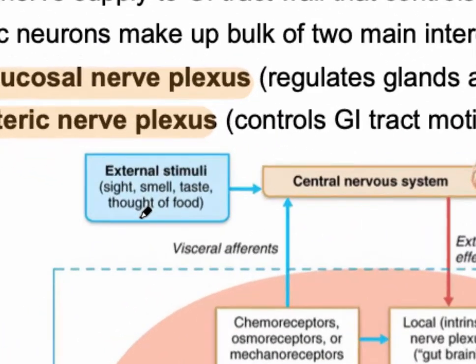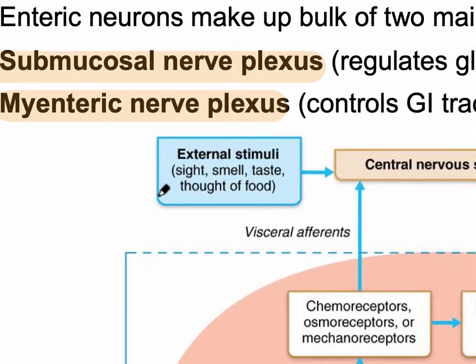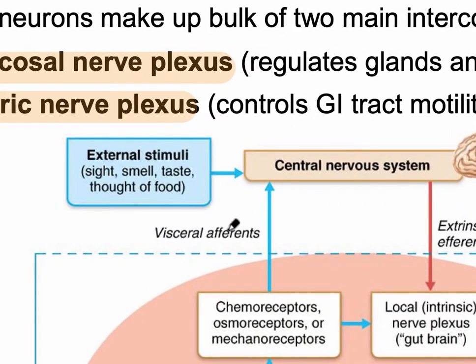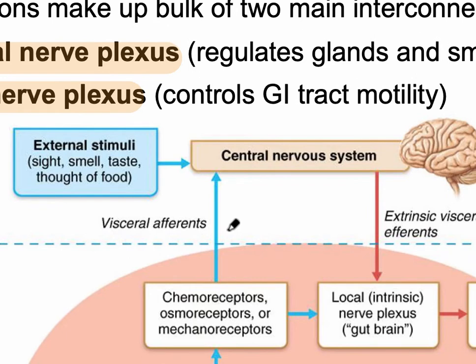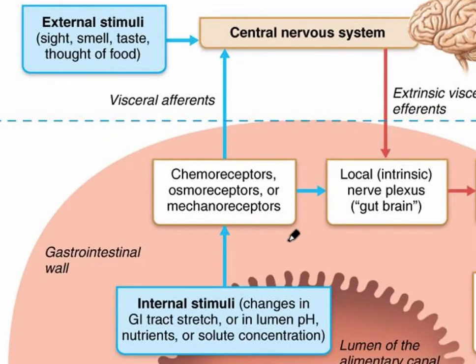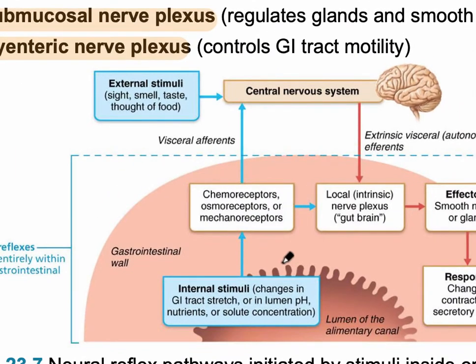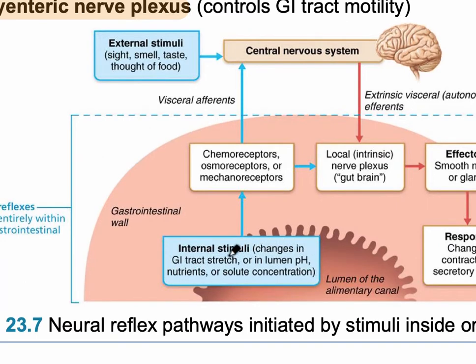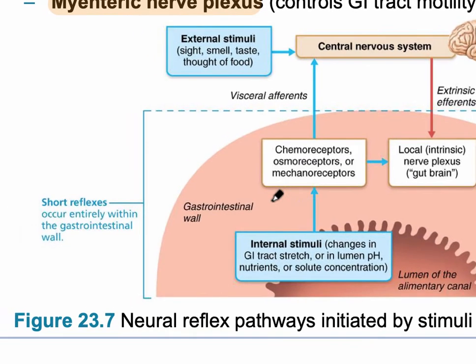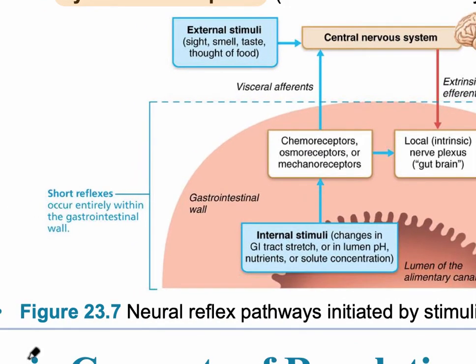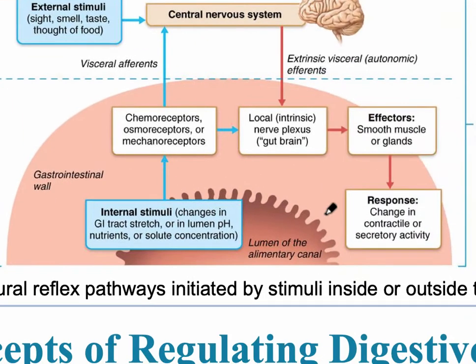If we look a little closer, external stimuli can trigger our gut brain via the CNS, the central nervous system, or there can be local reflexes. Depending on what's in the lumen of the GI tract, different receptors can be activated, and those we refer to as short reflexes, which occur entirely within the GI wall.